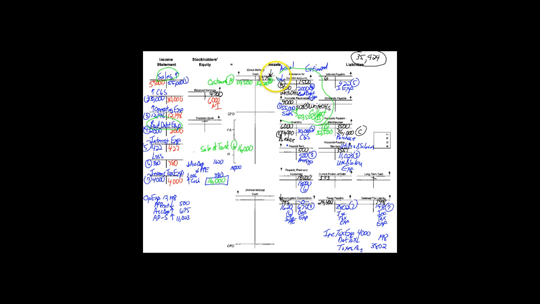I can't squeeze it in, but you probably can. That's cash paid to suppliers of merchandise. So suppliers really would go there. I'm going to write it there just so you can read what I meant to write. Okay? So what we did is we converted a cost of goods sold expense on accrual basis to cash paid for merchandise. Okay, let's keep going.